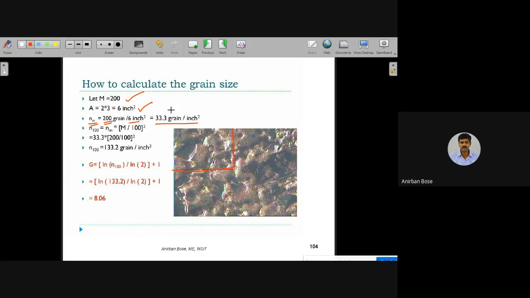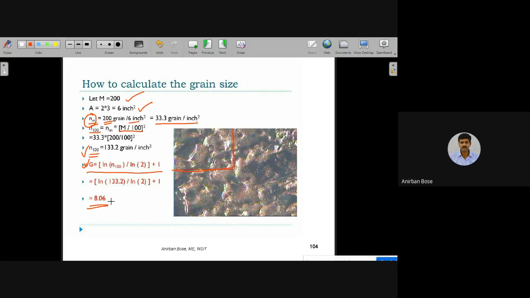Remember, this quantity is at 200 magnification. From the ASTM definition, first you have to convert it into the count at 100 magnification. For that, you multiply by magnification over 100, squared. Once you do that, you will find n100. Once n100 is known, simply use this formula to find the ASTM grain size number. So finally the answer is this.